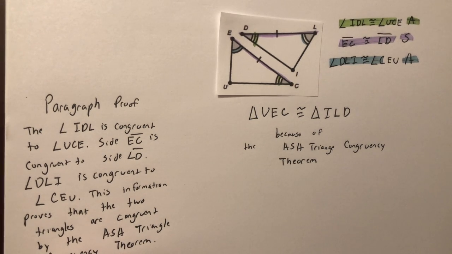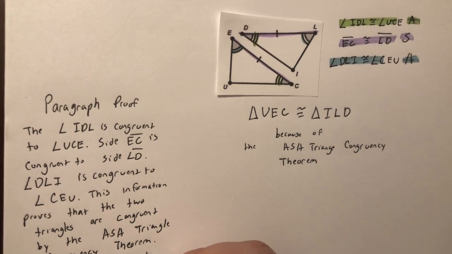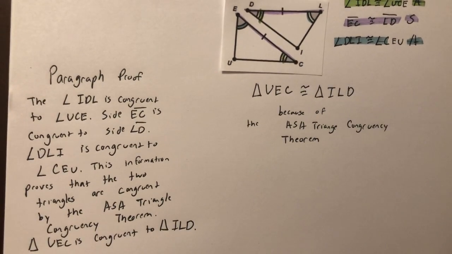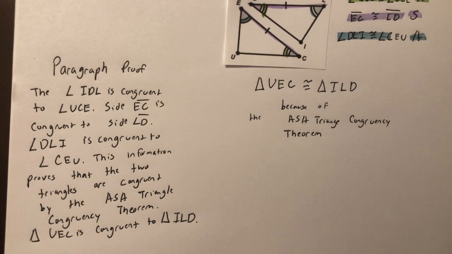So that means triangle UEC is congruent to triangle ILD. And there we have it.